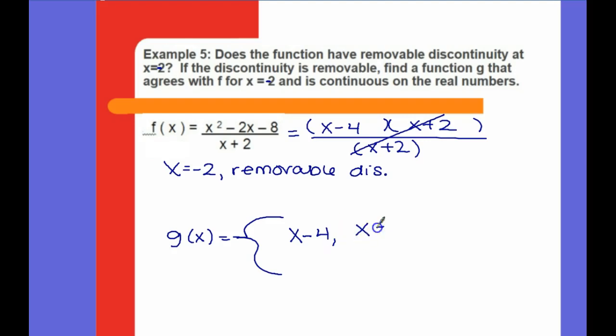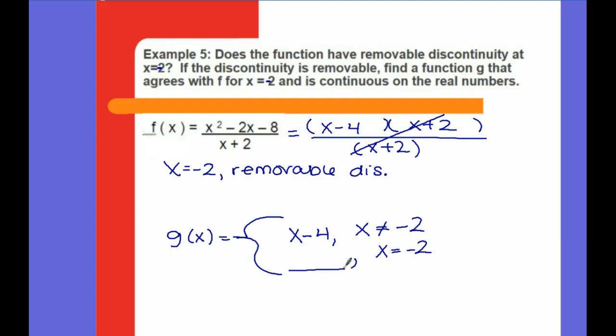And then we say that x does not equal -2. And then we need to figure out what we can fill in so that this is continuous. Well, what do you know about the definition of continuity? The limit has to equal the value.